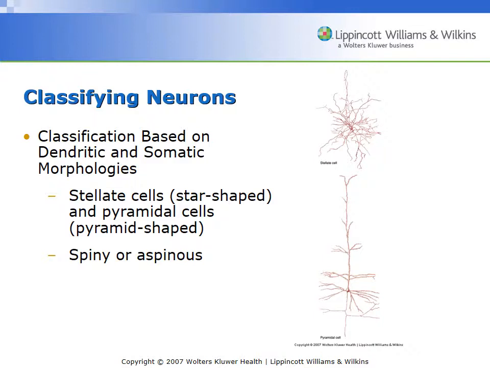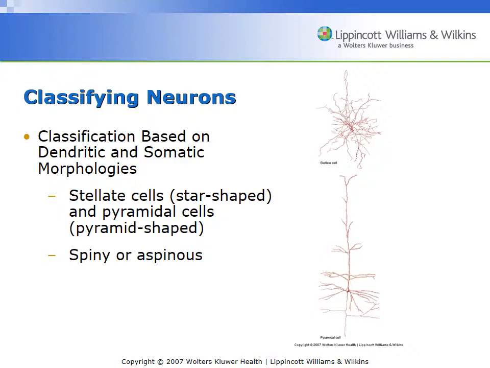And some of these classifications are unique to a particular part in the brain. For example, in a cerebral cortex, there are two broad classifications of cells, and they are the stellate cells and pyramidal cells.